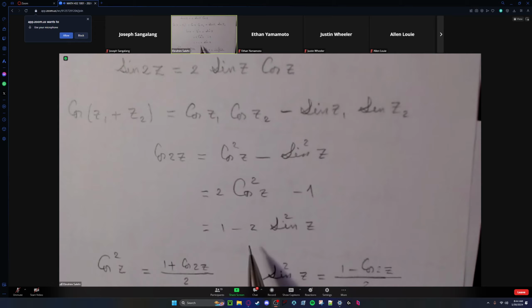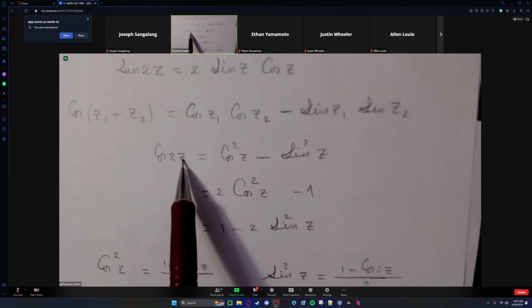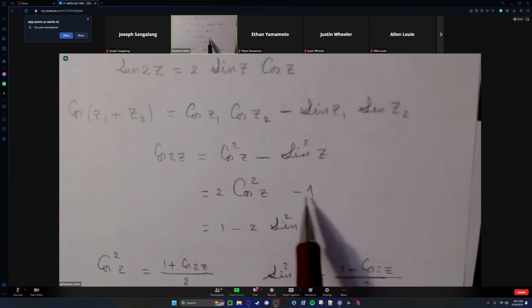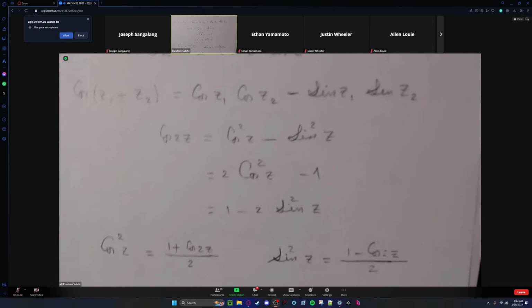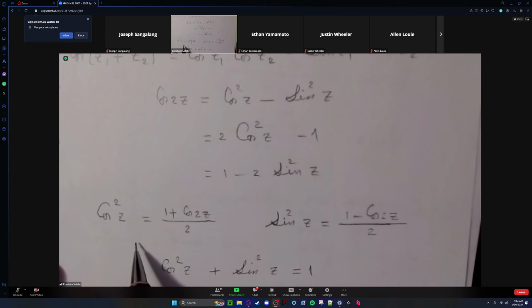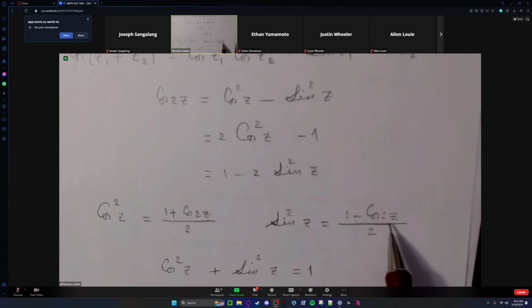So if you just consider cosine of 2z equal to this, you can find cosine squared in terms of cosine of 2z and sine squared in terms of cosine of 2z, all right?